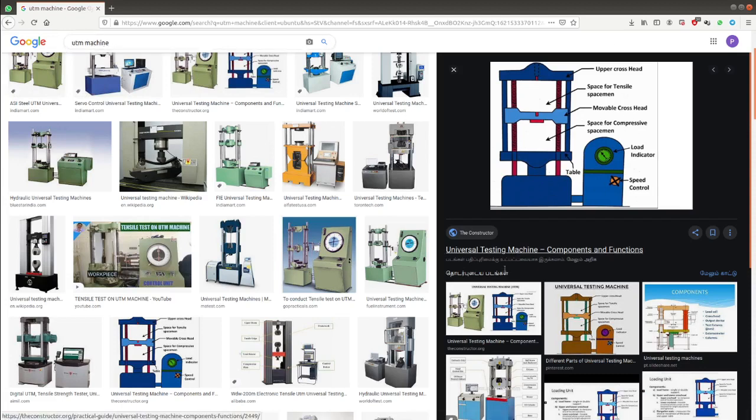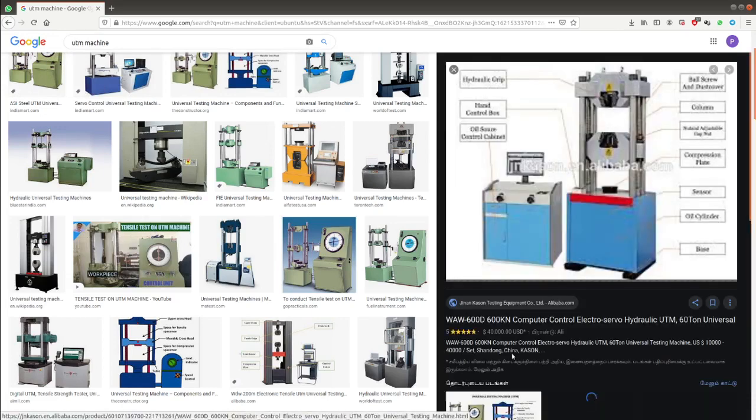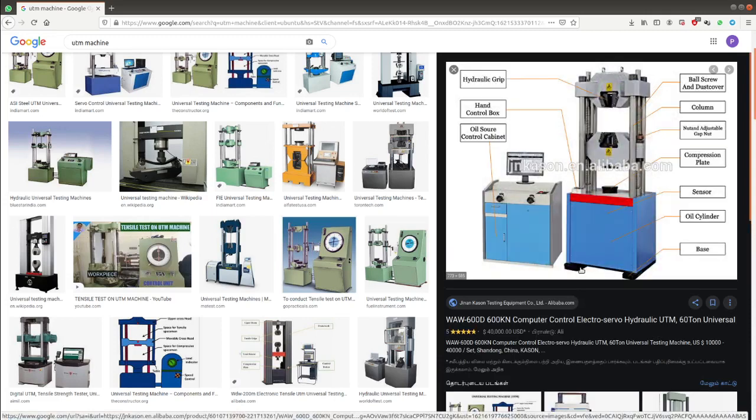That's a UTM machine, and that's a schematic sketch, and this is the actual machine. So here we will put the specimen, and this is the movable one.